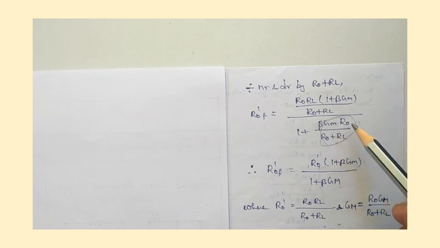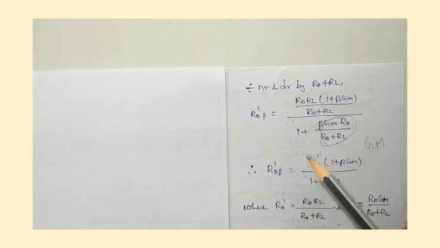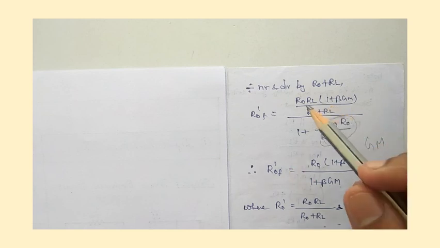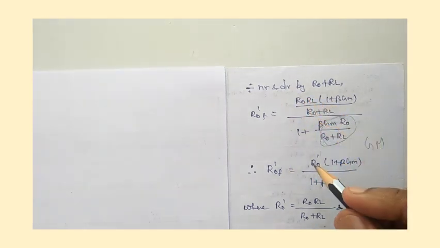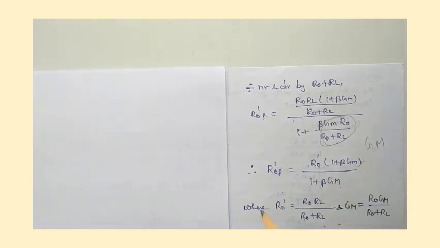I make GM R0 by R0 plus RL as capital GM, and similarly in the upper side I make R0 RL by R0 plus RL as R0 dash, for simplification. So R0 dash is equal to R0 RL by R0 plus RL, and capital GM is equal to R0 GM by R0 plus RL.